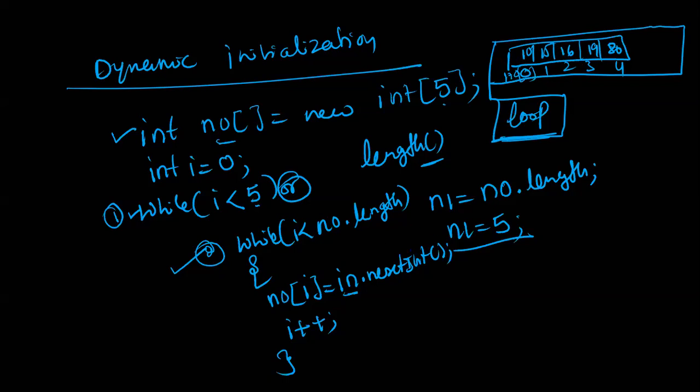So 5 values you stored. So once you stored 5 values, suppose you want to print the values. How will you print? That is also very simple, same like that. If you want to print the values of that array, I will show that also.